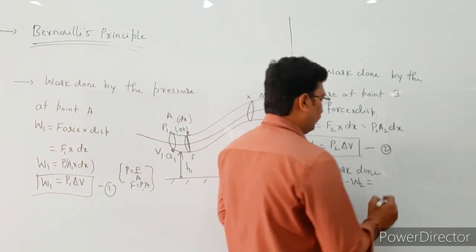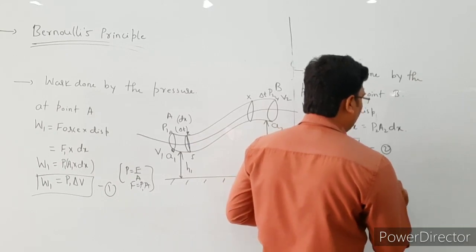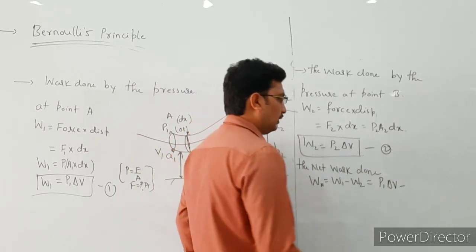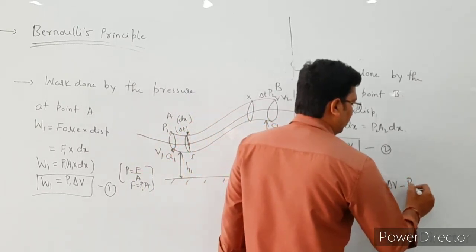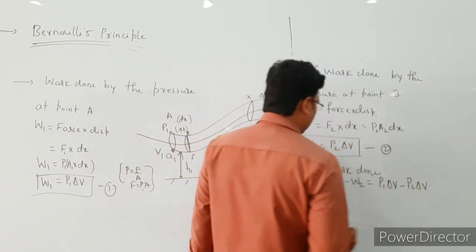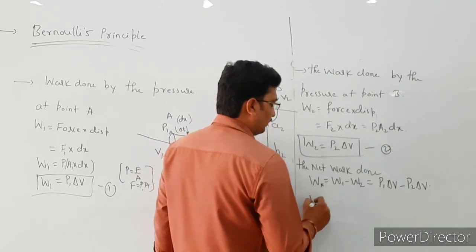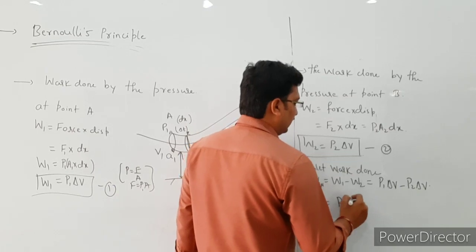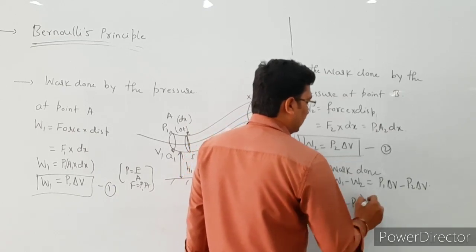Here the W1 value is P1 into del V, and the W2 value is P2 into del V. Taking del V common, the net work done is equal to P1 minus P2 into del V.